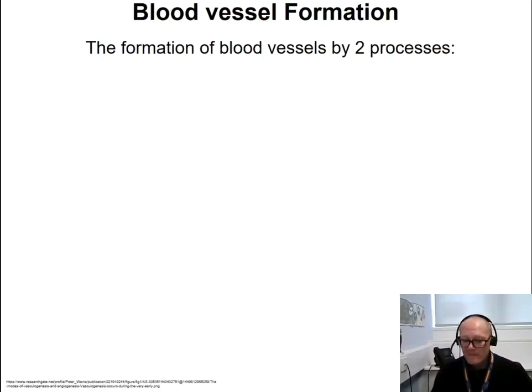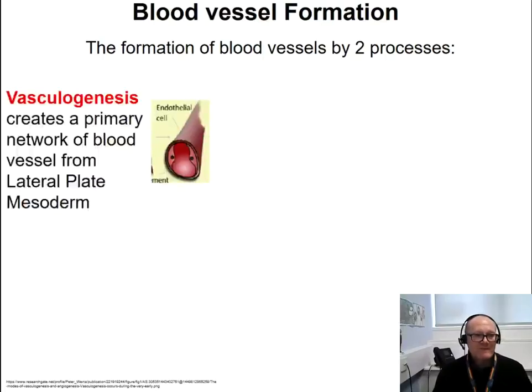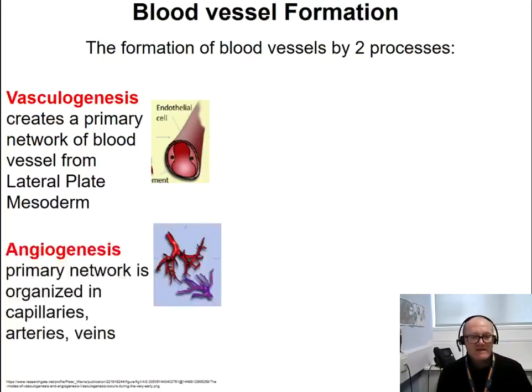The blood vessels are produced by two processes. The first process is called vasculogenesis, and during vasculogenesis, a primary network of vessels is produced directly from the lateral plate mesoderm. Then a second process called angiogenesis. During angiogenesis, the primary network is reorganized, and basically there is addition of capillaries.